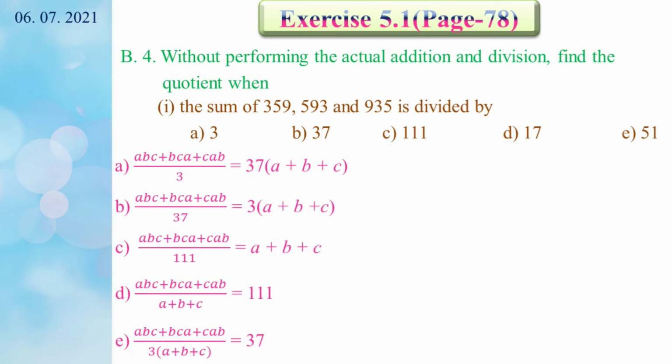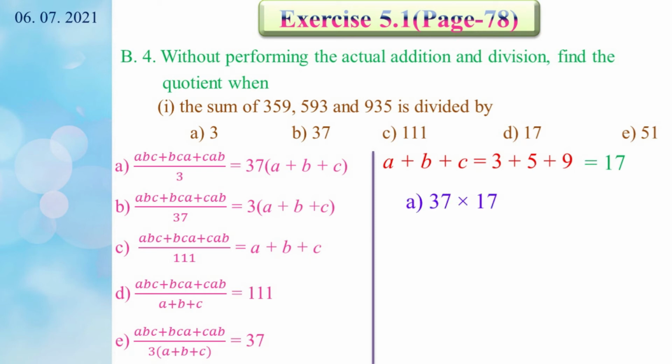Here 359, 593 and 935 are three numbers obtained when the digits 3, 5 and 9 are arranged in cyclic order. So the quotient when the sum of these numbers is divided by 111 is A + B + C, which is 3 + 5 + 9 = 17.